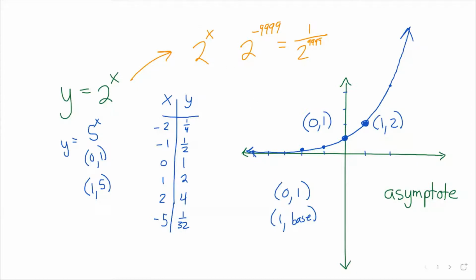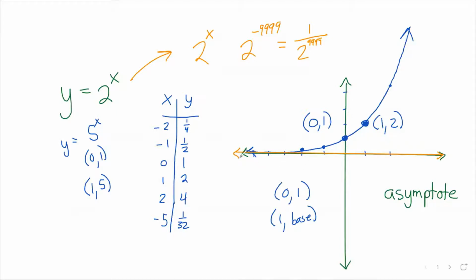And so what we're going to have here is an asymptote. Let me draw it in orange. And it's going to be on the x-axis. Anytime that you're graphing an exponential function or anything that has an asymptote, it should be included. A lot of times it'll be a dotted line. I just don't happen to be able to do that on my tablet here, but that should be included.